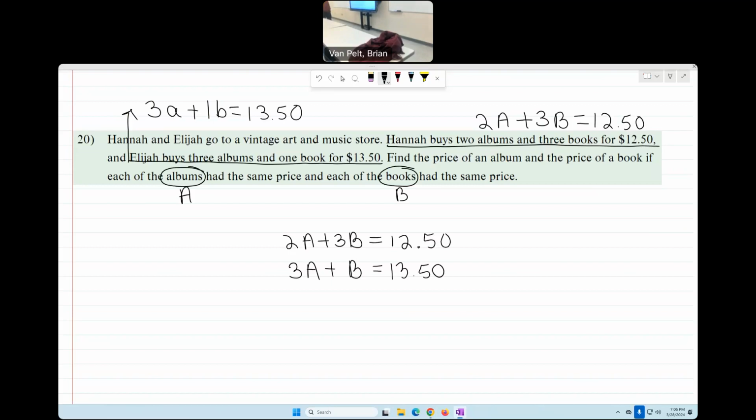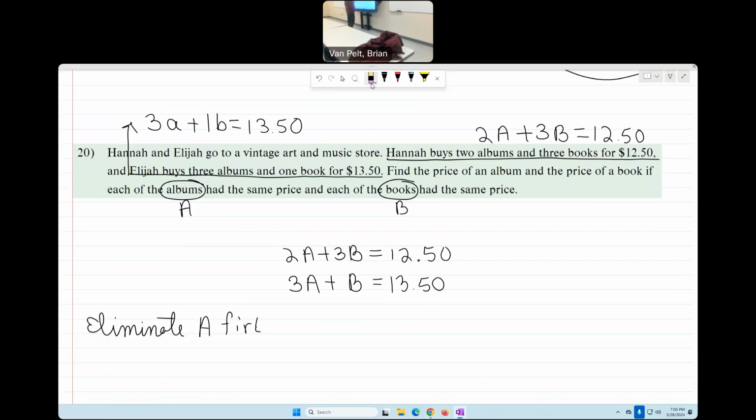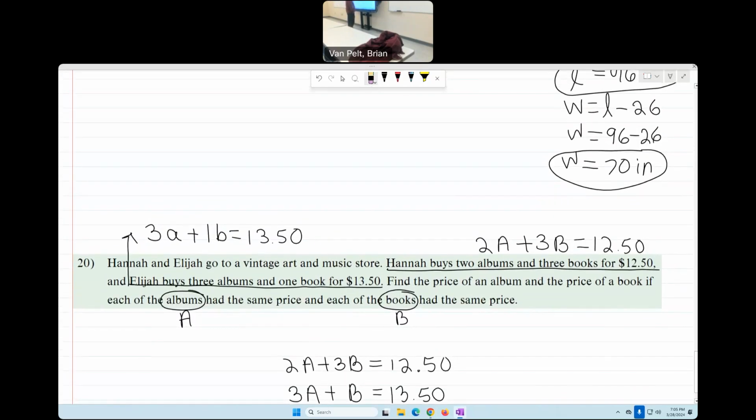All right, so let's wipe out the A's first. So eliminate A first. Tell me how to do it. Well, it's off by 3. -3.